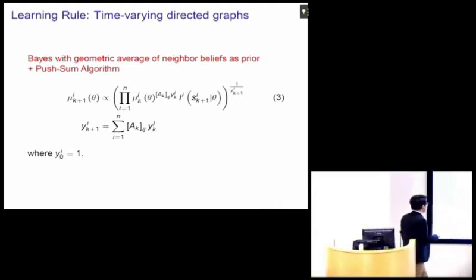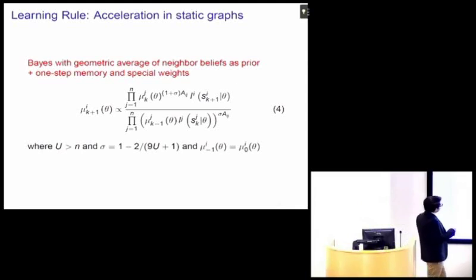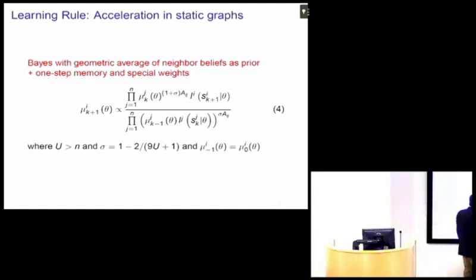If you go into the literature on the push-sum algorithm, you can easily see how this translates into the original algorithm, but this is a way to handle directed graphs. And finally, in static graphs, we can have some acceleration, right? So we can construct this other type of algorithm for when the graphs are static, and that looks like this nasty relation, but the key point is that you have a geometric average at time k and a geometric average at time k minus 1. So you have a one-step memory type of thing.